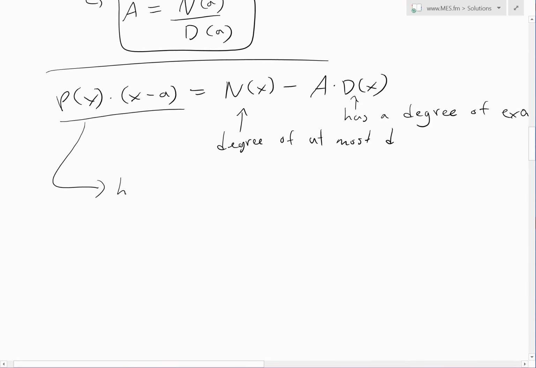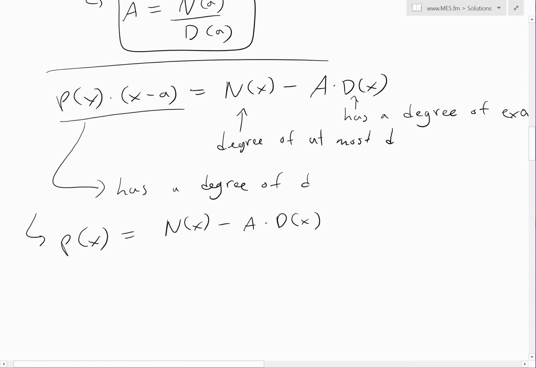But now if we solve for p of x by itself, we would get p of x equals n of x minus a times d of x, and then we're dividing by x minus a right here.